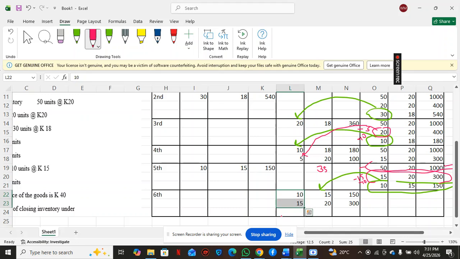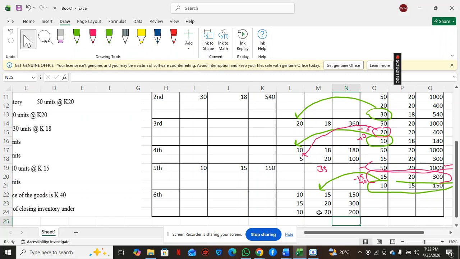Here we're going to put 10 valued at 20 kwacha each, 200 kwacha there.